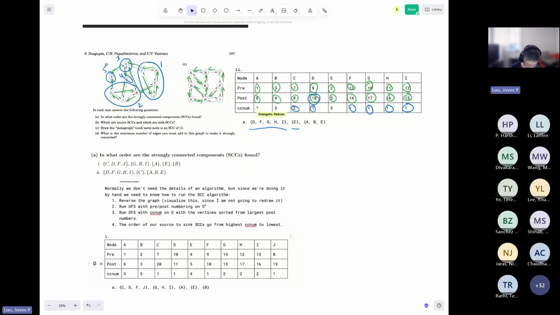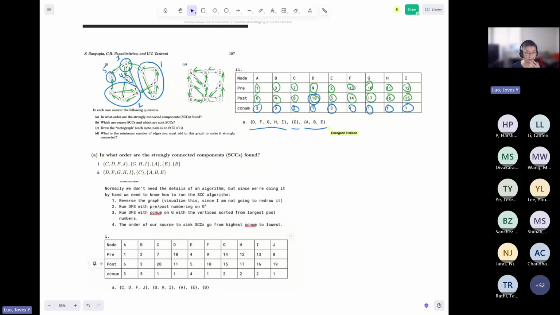So we start at A. A points to B, which we assign as 3, and then B points to E, which we also assign, and E points back at A, which has already been visited, and it points at H, which has already been visited, so we're done. So this is our third CC num. That is how you use the reverse graph, followed by the original graph, to find all your CC nums.